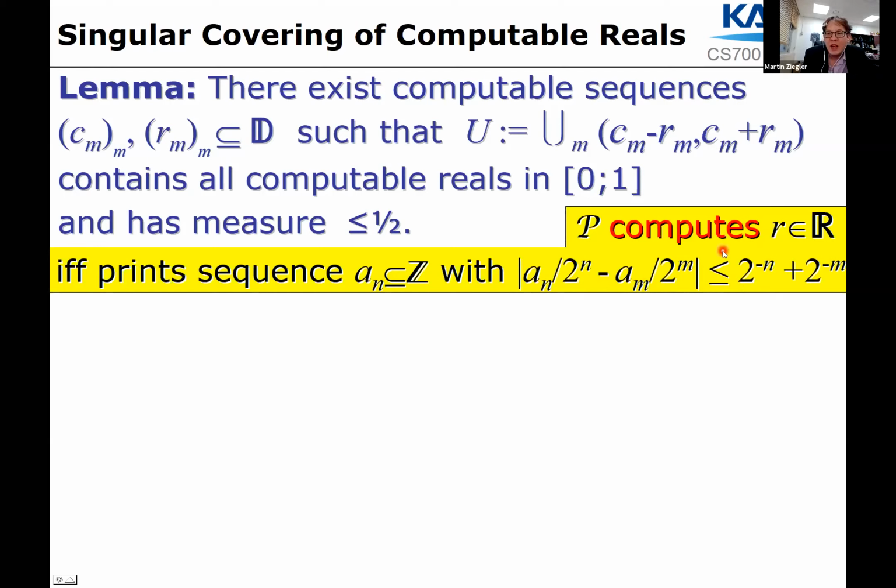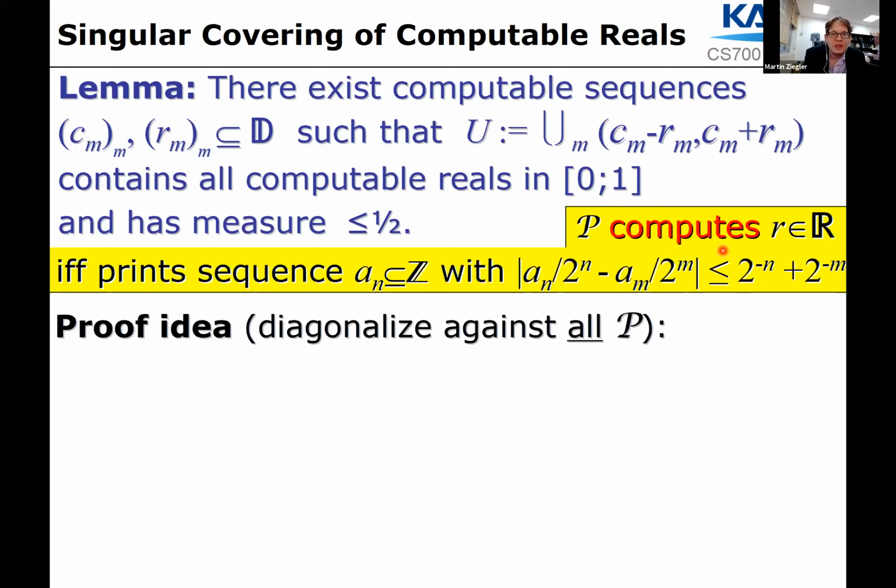And we now use that property, that reformulation of what it means to compute a real number, to diagonalize. The same thing we did when we proved the halting problem undecidable. Namely, we're going to construct a sequence of such centers and radii that cover all possible computable real numbers. And to this end, we enumerate all possible computable real numbers, or more precisely, we enumerate all algorithms that compute real numbers.